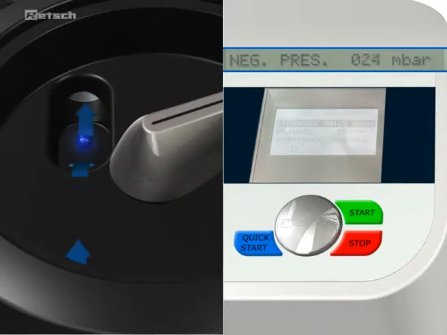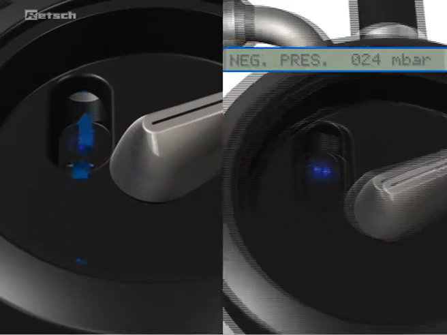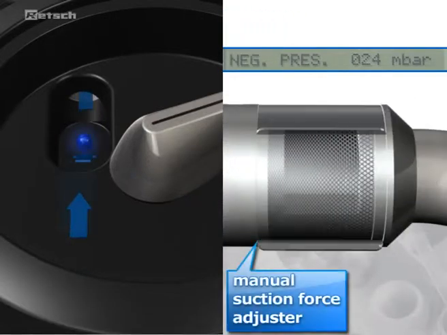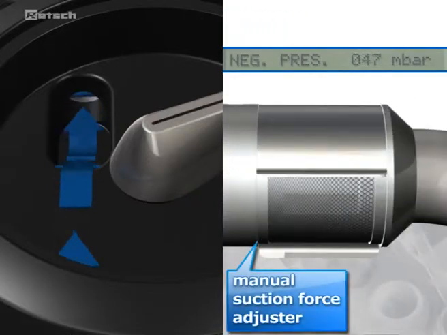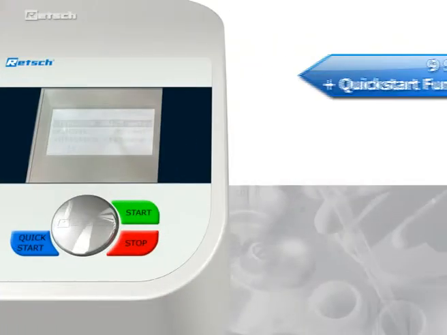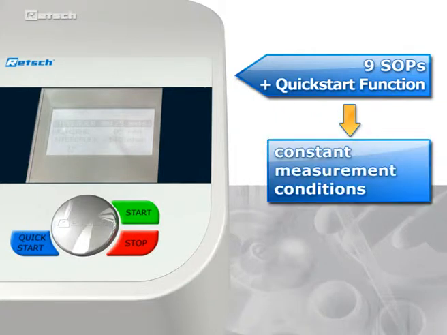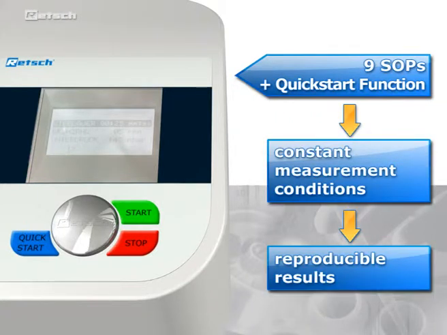The generated negative pressure can be continuously controlled via a manual suction force adjuster. Time and revolutions per minute are adjusted digitally, and 9 standard operating procedures can be stored for routine sieving processes. This ensures reproducible measurement conditions independent of the operator.